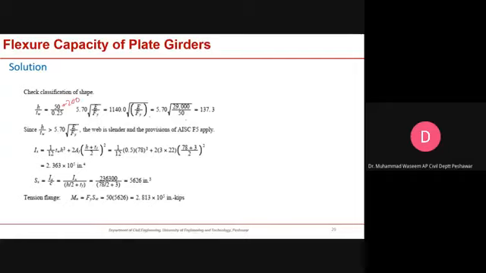This is obviously greater than this value, so your web will be slender. Now we still have to use the same equation, this is an approximate equation, but we have to confirm it.